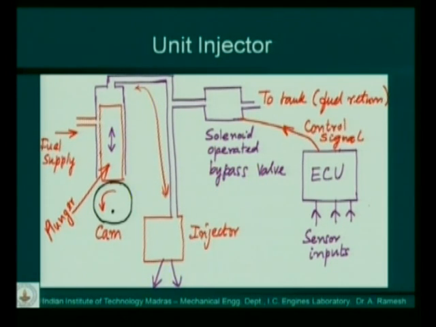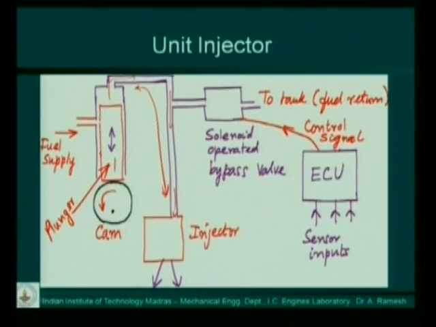And the ECU receives several sensor inputs. For example, the driver's foot pedal, the engine temperature, the engine speed. All these could be inputs, coolant temperature, the atmospheric air temperature, the amount of air that is going into the engine. All these inputs can come to the ECU, and the ECU decides what to do to the solenoid operated bypass valve.